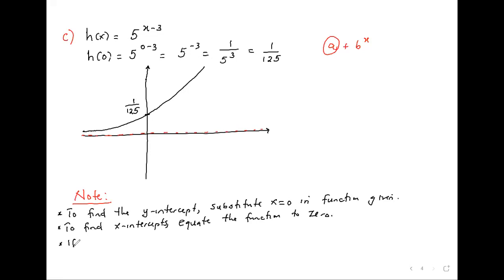Three, if f of x is equal to a plus c times b to the power x, where c is the coefficient of b to the power x, the horizontal asymptote is the line y is equal to a.